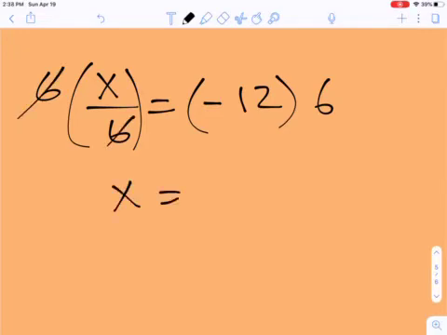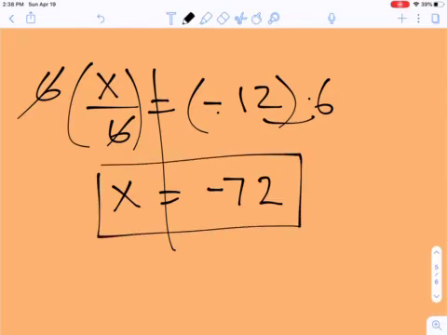You get your x over here, and then 12 times 6 is 72, and then negative times positive gives me a negative, and you get x is equal to -72. And again, if you're dividing something by a positive number and you're getting a negative answer, you should hopefully be able to recognize that the thing you're dividing must be negative.